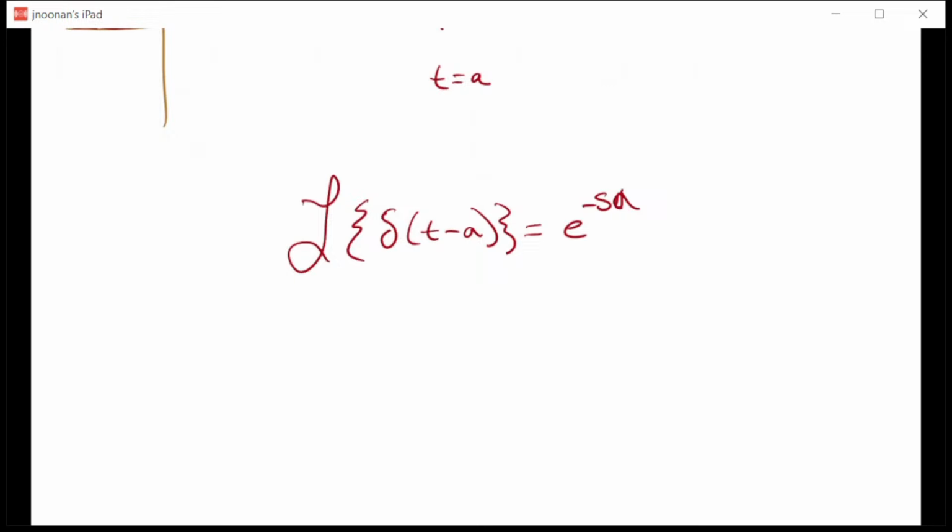It's as if the solution is going along, minding its own business until I hit this, and then suddenly it's as if you have the Heaviside function times the sine curve, and it starts moving up and down. So this Dirac delta function allows you to model things like an impulse or a shock.